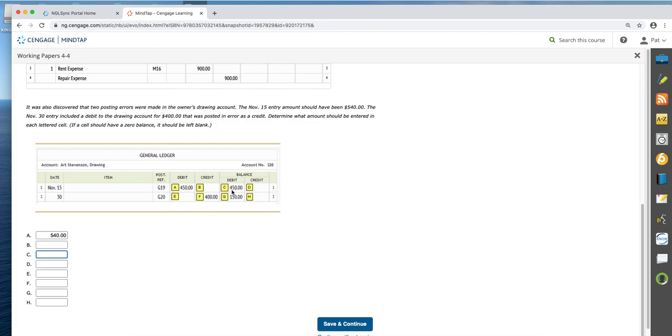Debit is going to be $540 because it should have been $540 here. On the 30th, it should include the debit to drawing $400. Oh, so this is supposed to be a debit to drawing. D is supposed to be 0. E is supposed to be debit for $400.